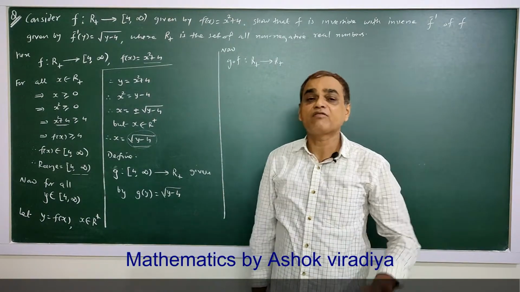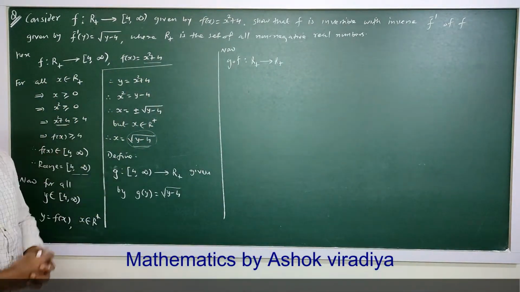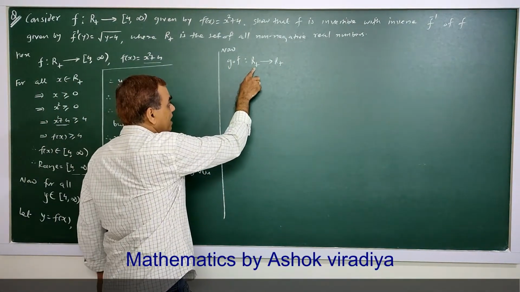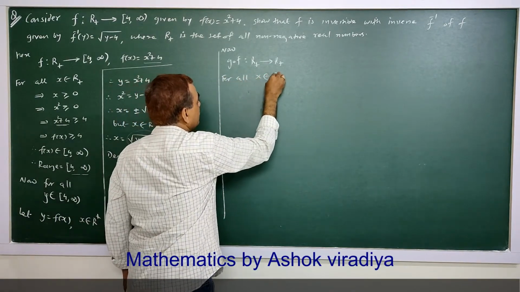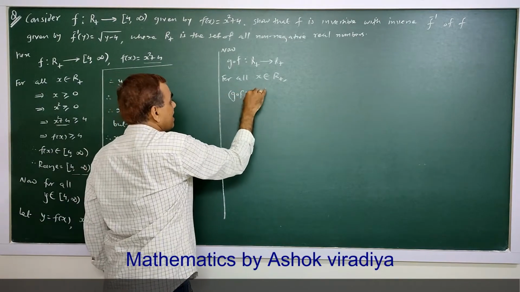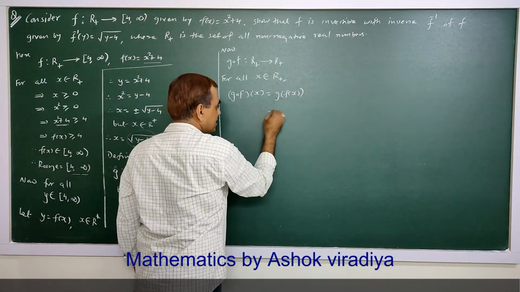So before finding the formula for g∘f, we have to fix the domain and codomain. This function will work on every element of R plus. So for all x belonging to R plus, that is the domain, (g∘f)(x) equals g(f(x)).